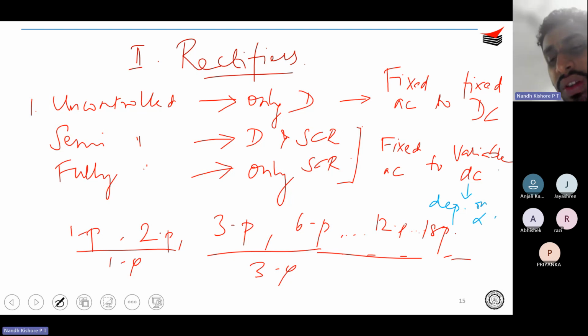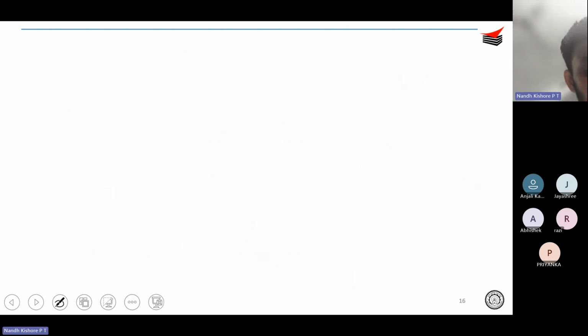So this is how you categorize the different kinds of rectifiers. Then you went into a bit of nomenclature, so you saw different definitions.